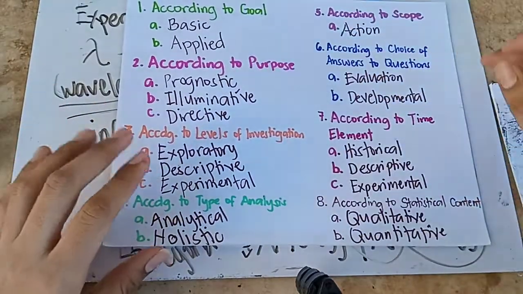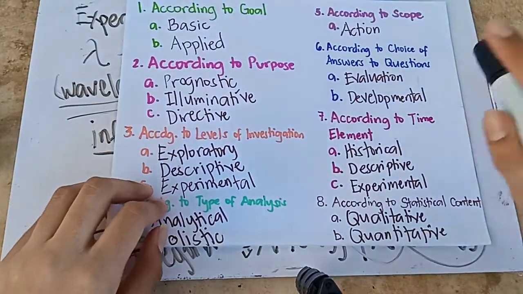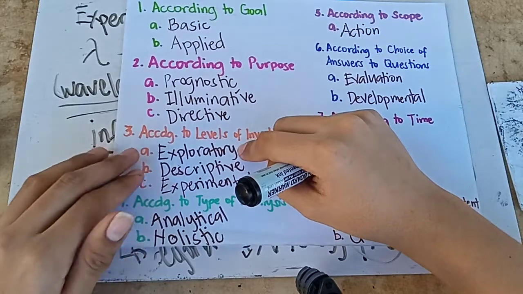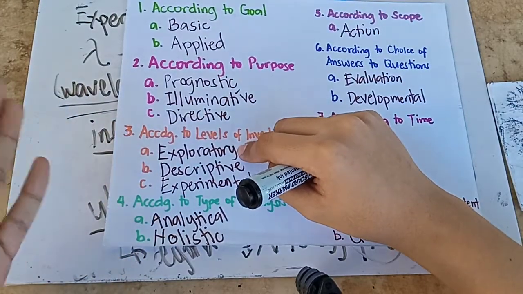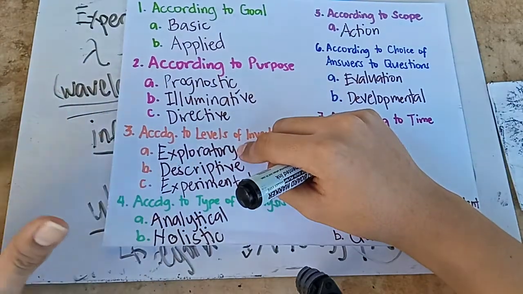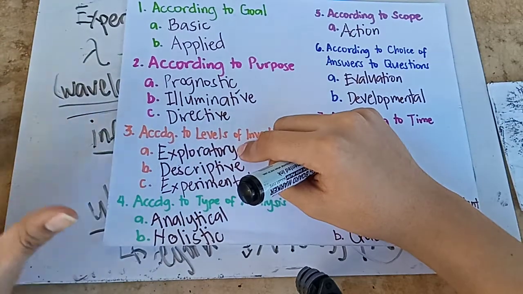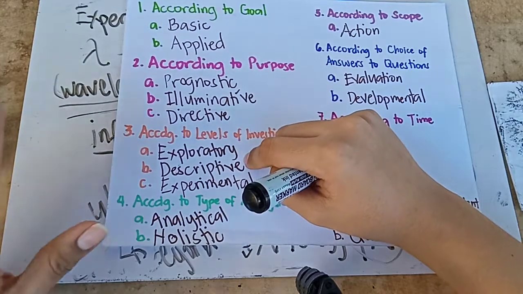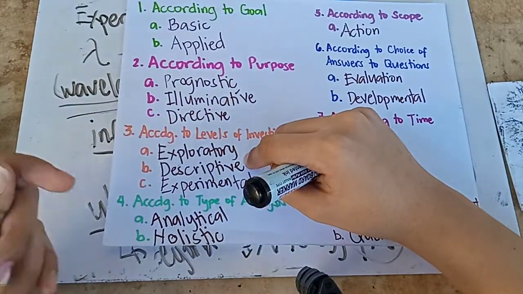But how do they differ from one another? Okay? In exploratory, we only answer a simple question without the presence of experimentation and without the presence of graphs. Okay? While in the descriptive research, it describes the relationship.